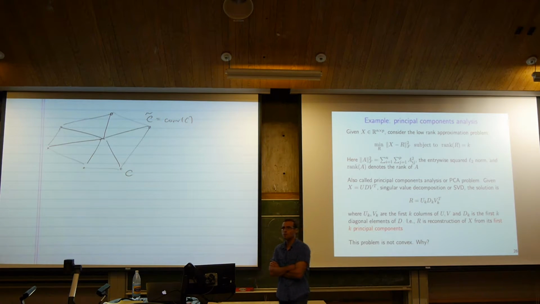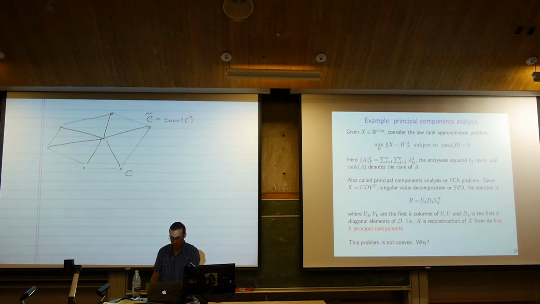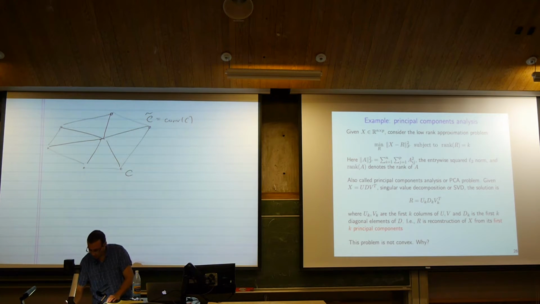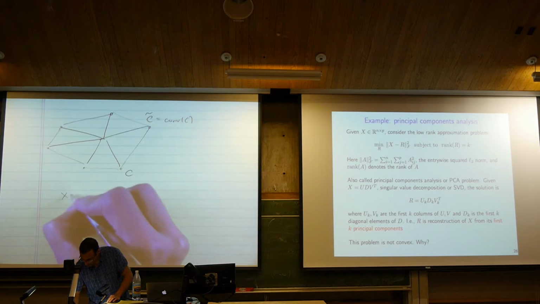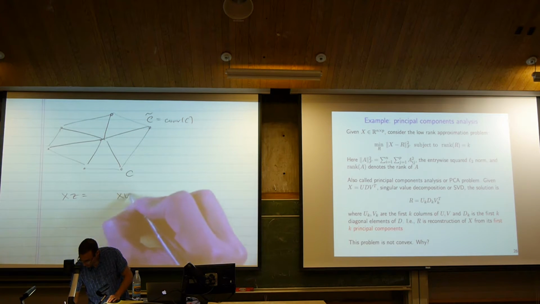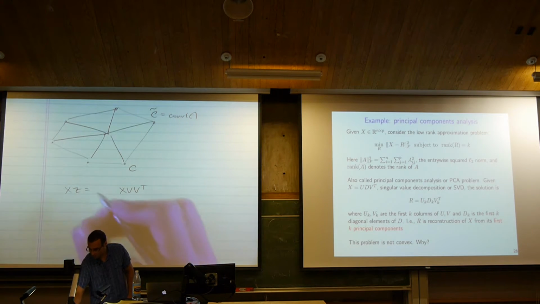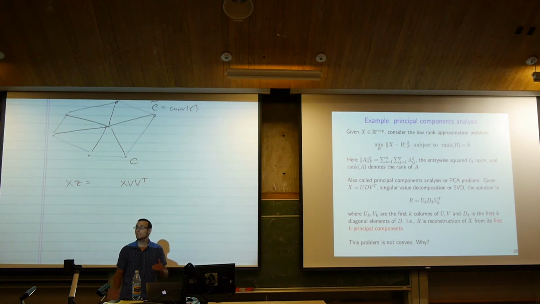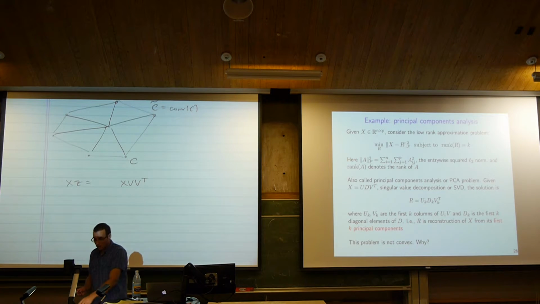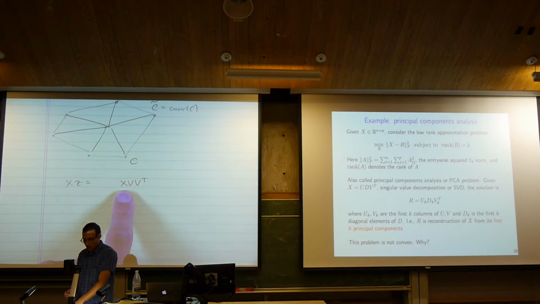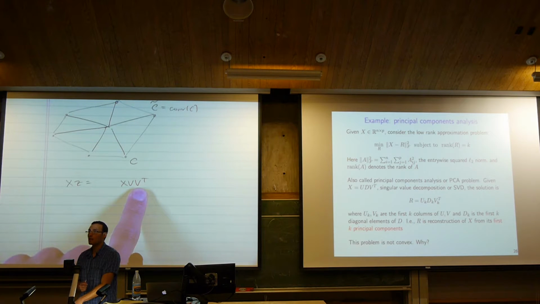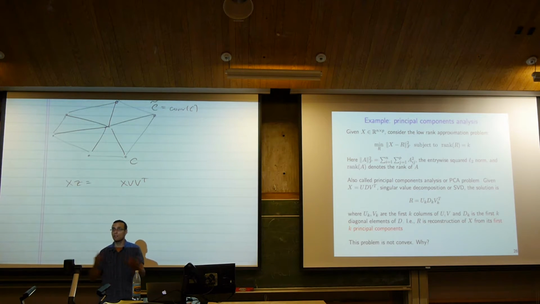I think this is the same formulation. I can always write X times Z as X times V V transpose. If you think about the rows of X as the instances, then looking at this first factor, this is projecting all of my instances down to a k-dimensional space. This is lifting it back. And so it's the squared error loss between that.